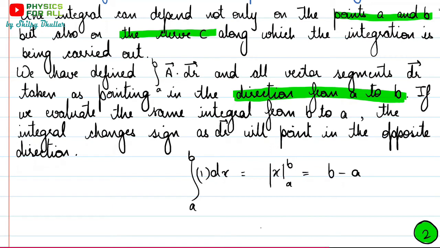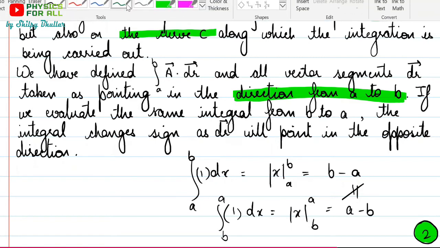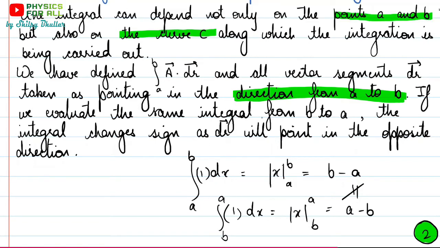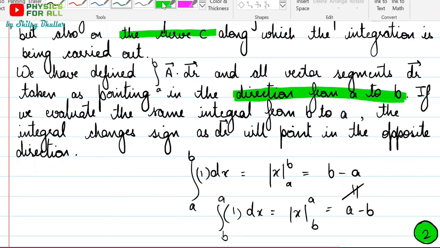If it is from b to a of dx, then the answer would be a minus b, and both are not equal. So the integral changes sign if we swap the limits.